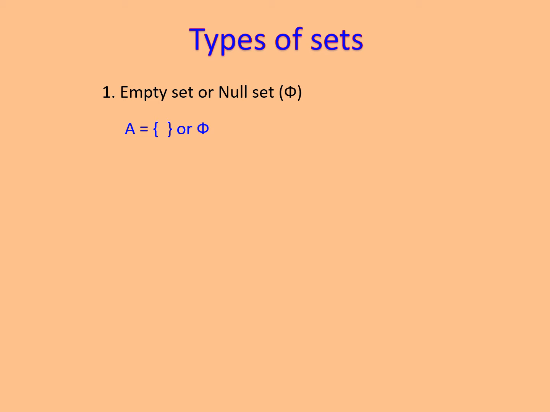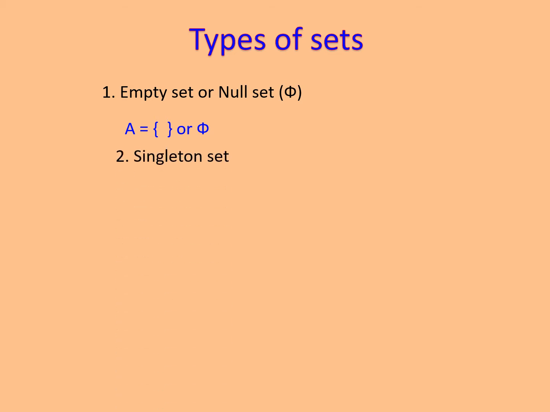If you want to write in this set as 0, then you have to cancel that 0 because 0 is an element. Therefore, empty set means it does not have any element in it.